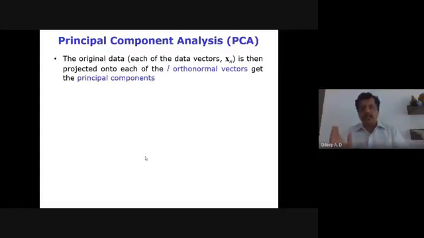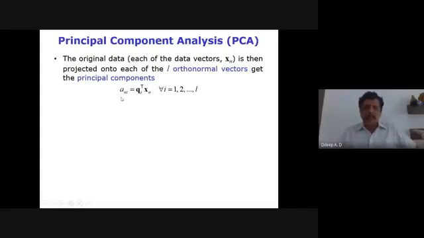When I project onto these L orthonormal vectors, I'll get L values, and they form the L-dimensional vector. When I project my data vector onto the ith basis vector, I get a scalar value. Basically, that is nothing but the principal component.